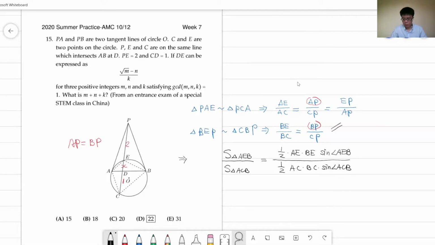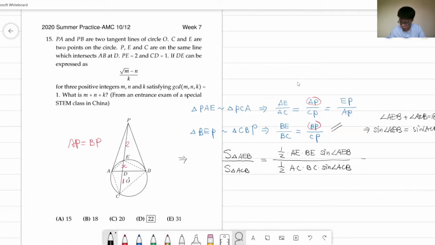Then we can cancel a lot of terms, because angle AEB plus angle ACB equals 180 degrees. That means they have the same sine value. And we also cancel the 1/2.